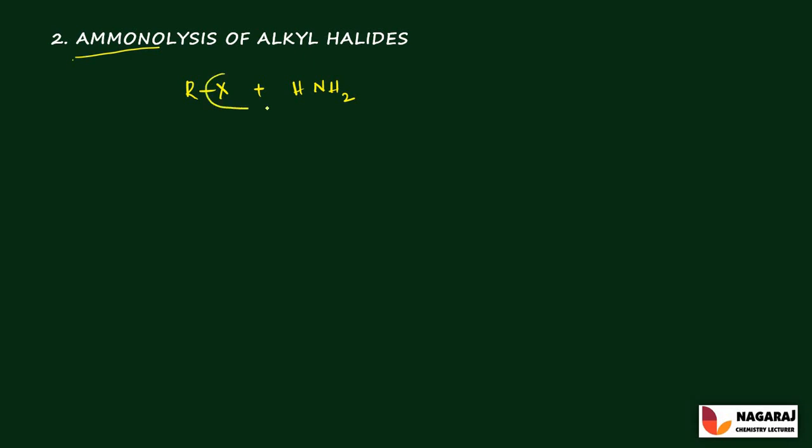So X and hydrogen are eliminated, and the reaction takes place in the presence of alcohol. The remaining product, R and NH2, is called an amine, plus HX. So this process is generally called ammonolysis.